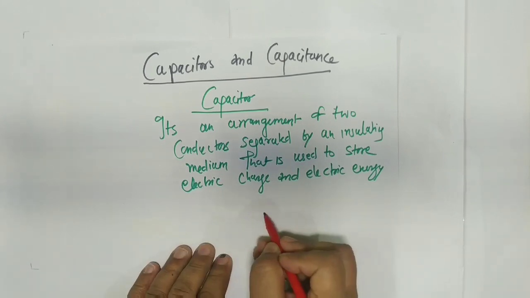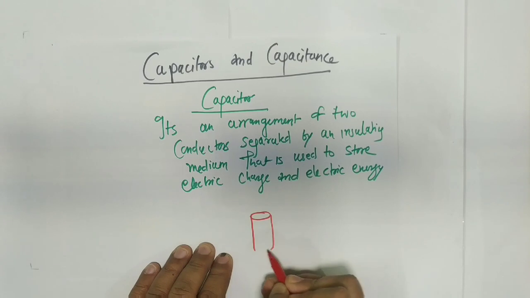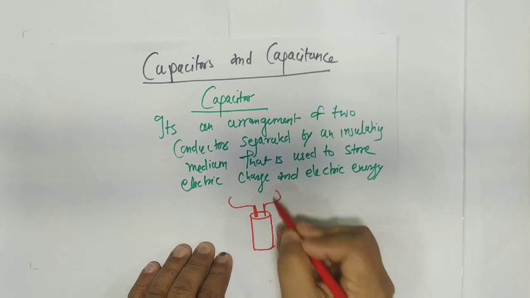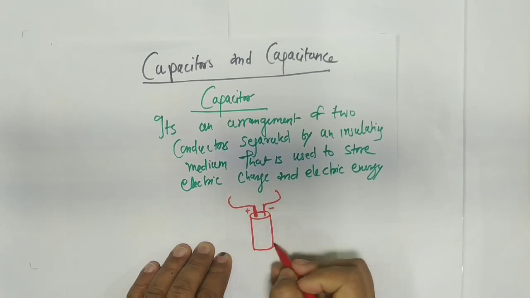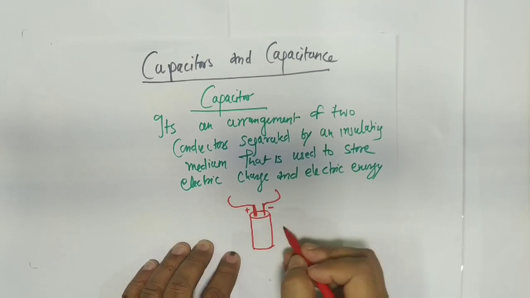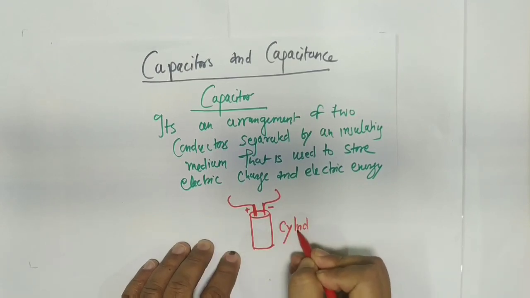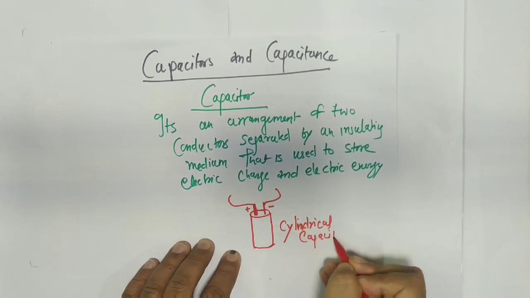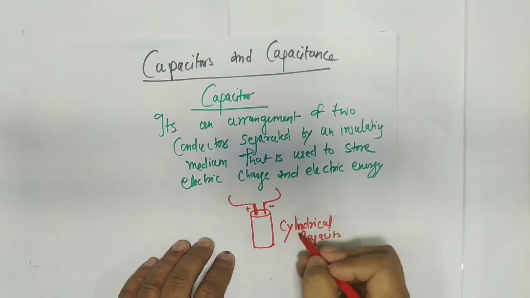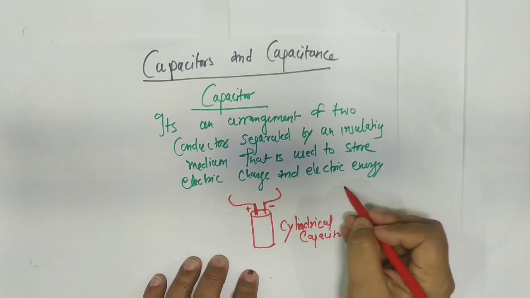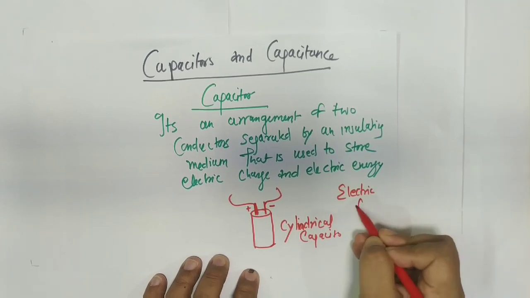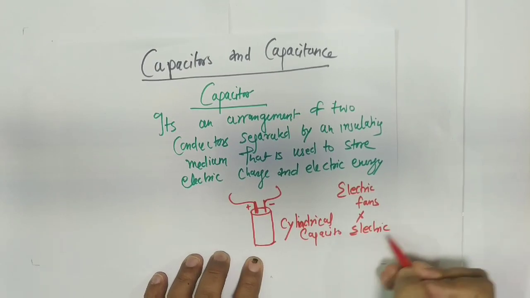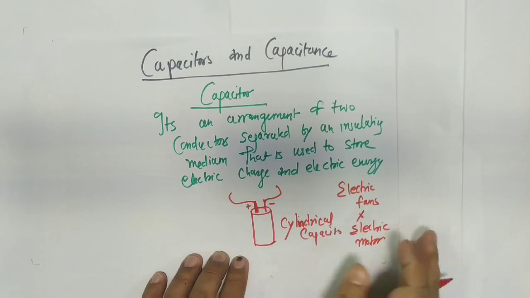It is a capacitor with two plates, and the wires are connected, one positive, one negative. This is the common one which we use in electric fans and electric motors, a cylindrical type of capacitor.